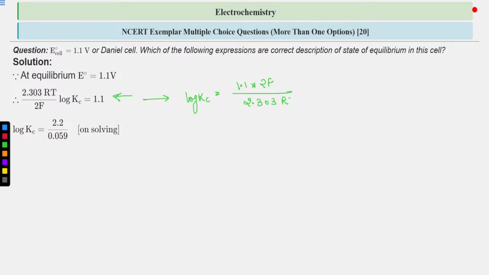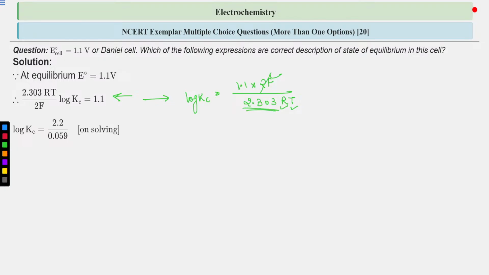2.303 RT. Now if you remember, while solving the Nernst equation, I taught you that F is a constant, which is Faraday's constant, R is a constant, and T is the temperature which is already given, or you consider 298, that means room temperature, and 2.303 is also a fixed number.